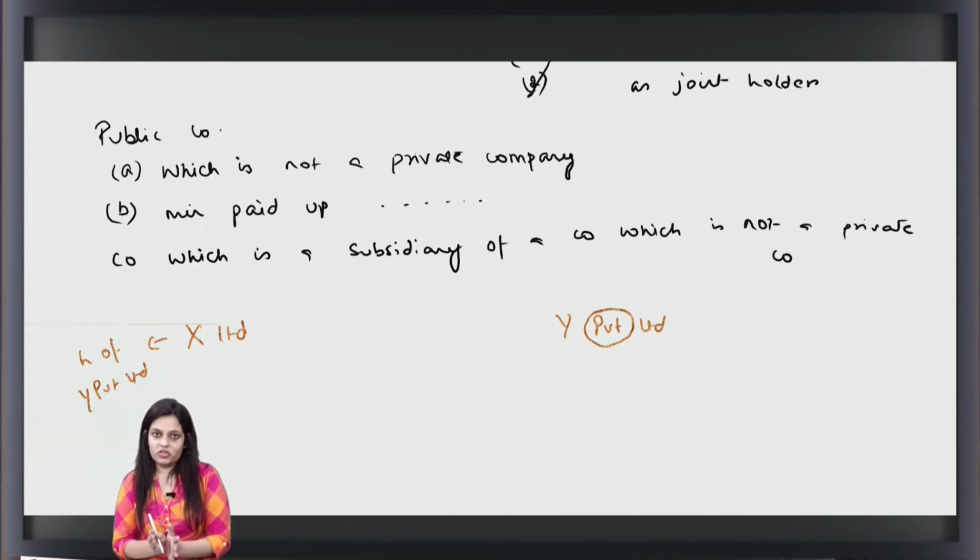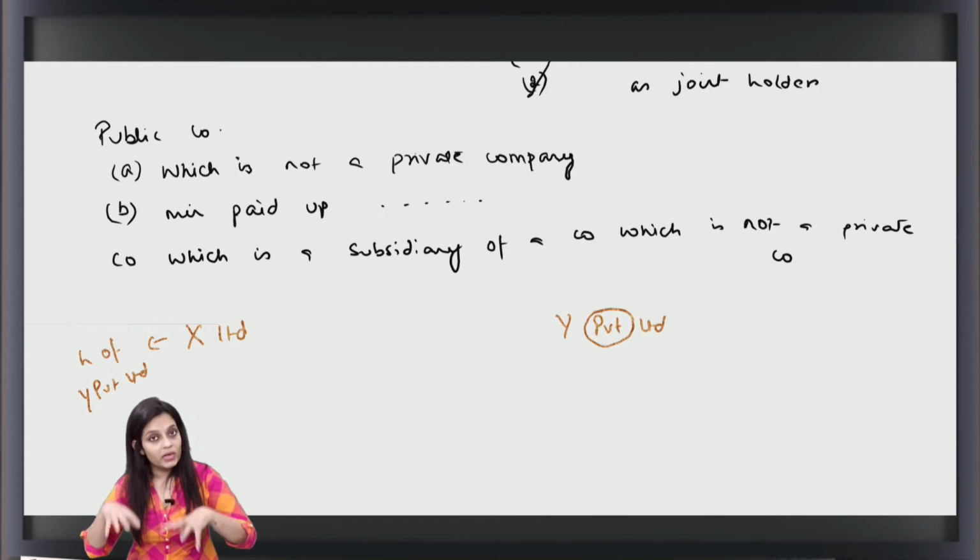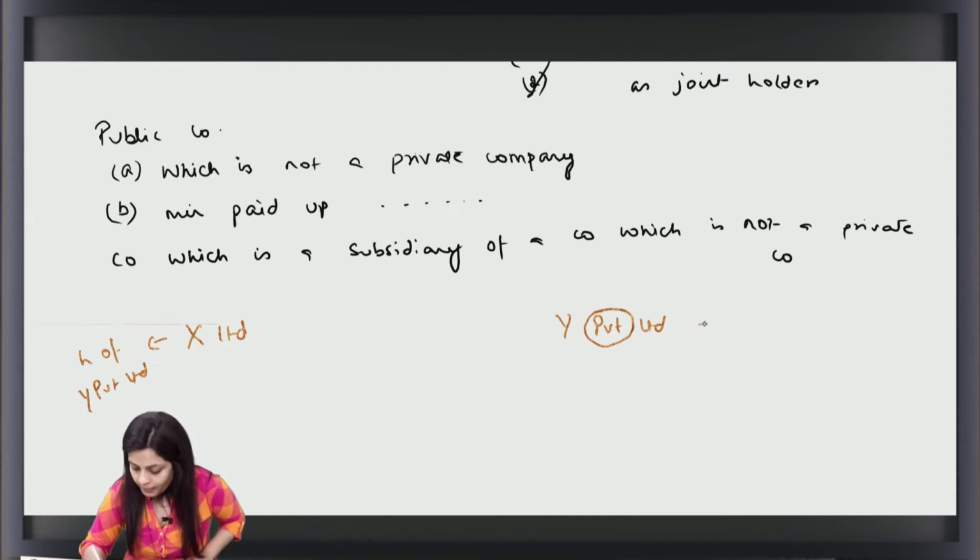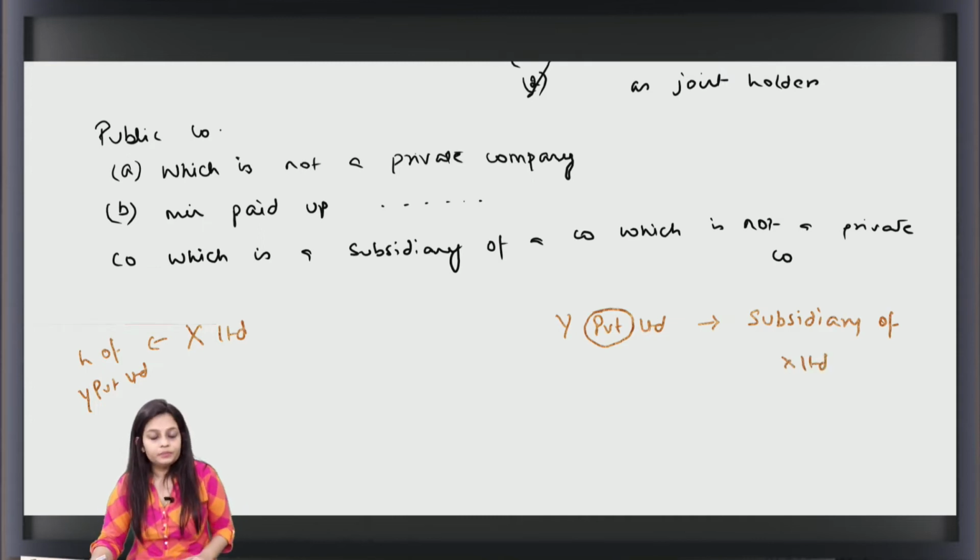If I am your teacher, automatically you are my student. So if I say X Limited is the holding of Y Private Limited, can I say Y Private Limited is the subsidiary of X Limited? Correct.